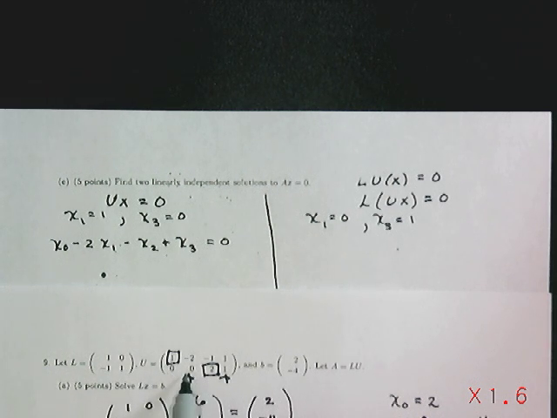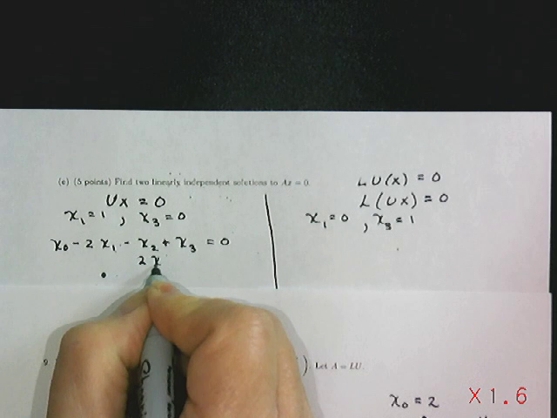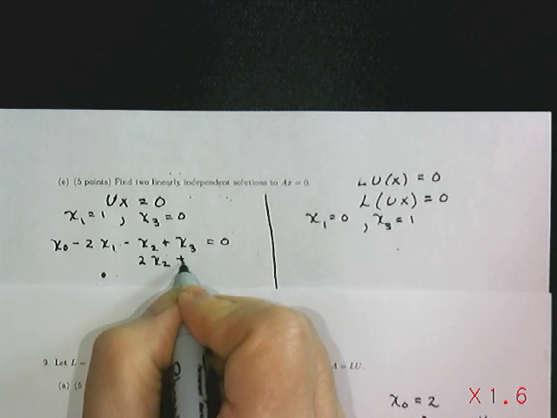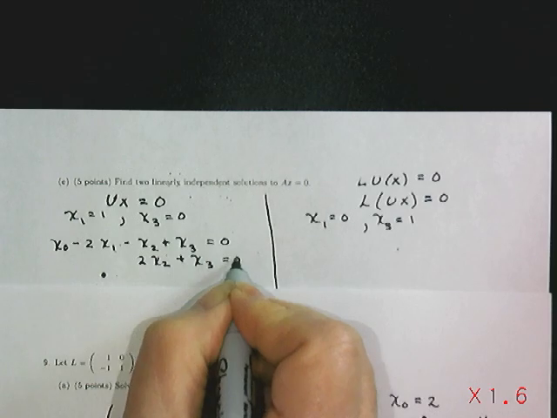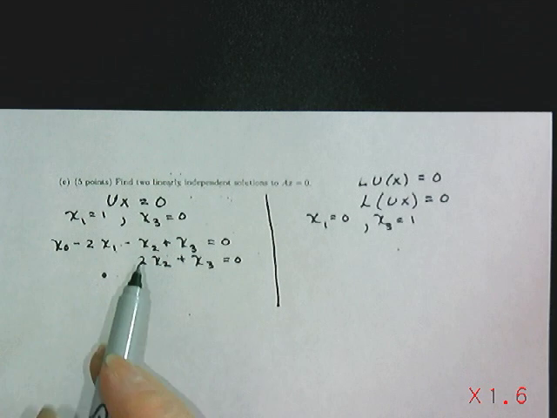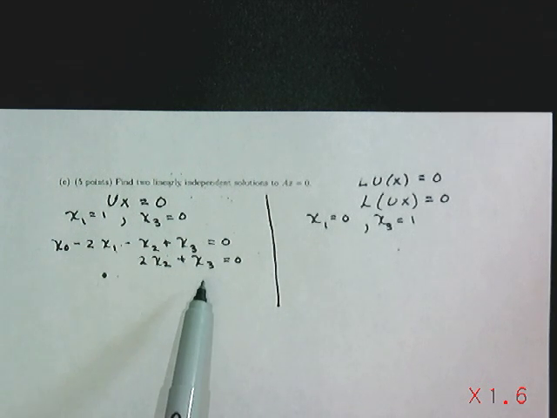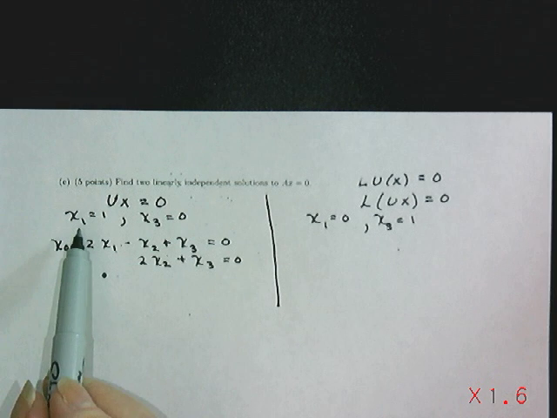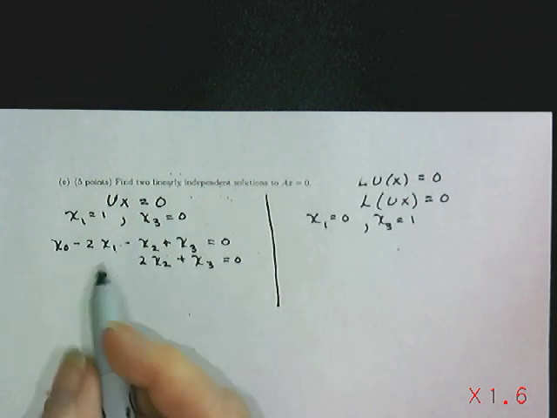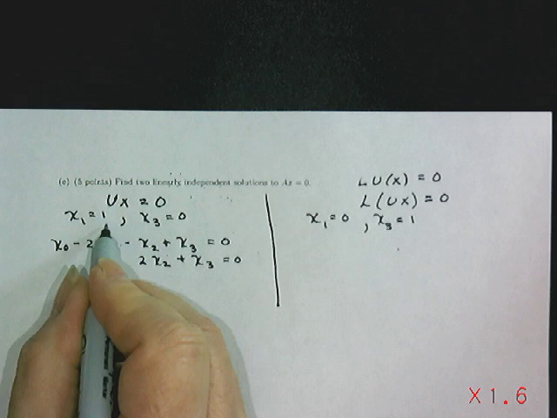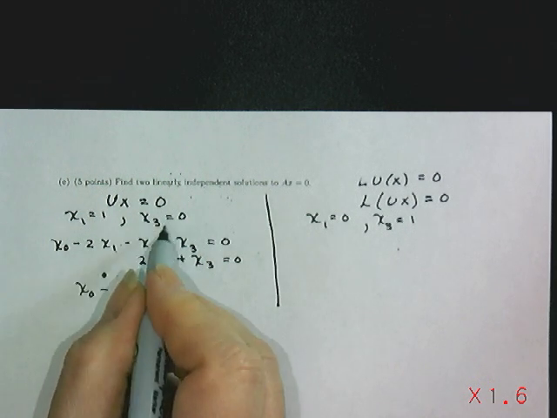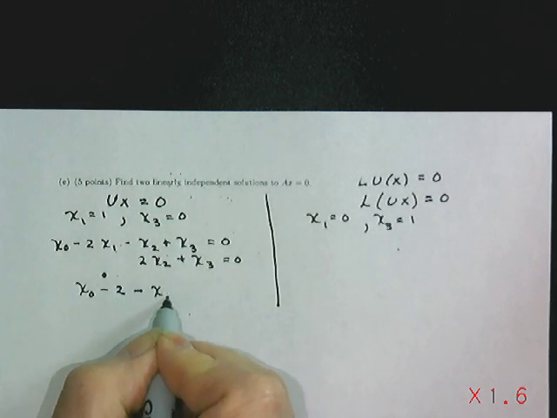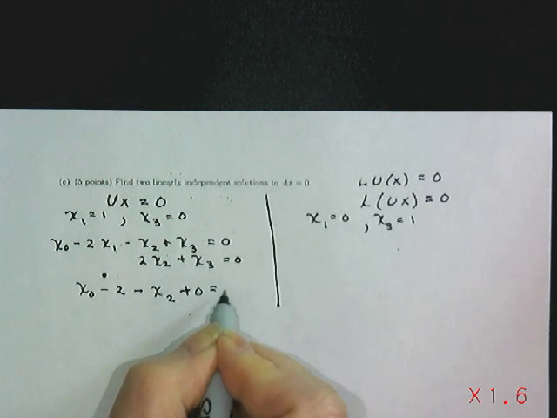We also know that 0 times chi0 plus 0 times chi1 plus 2 times chi2 plus chi3 would also have to be equal to 0. So now in this particular case, chi0 minus 2 minus chi2 plus 0 would have to be equal to 0.